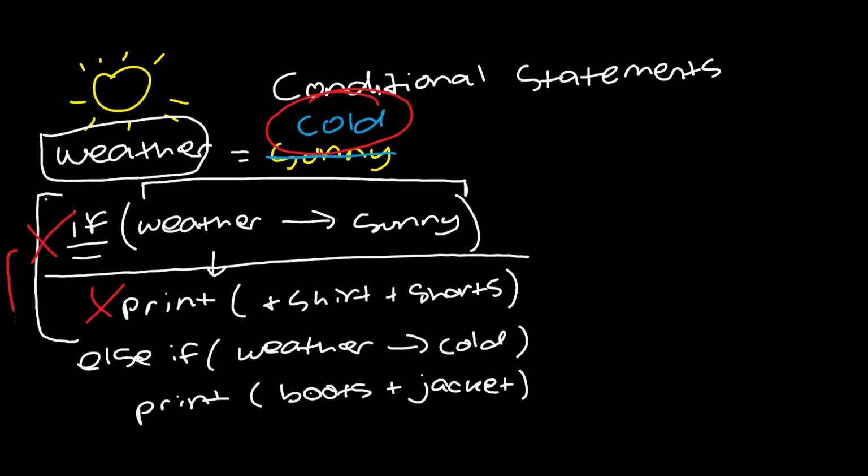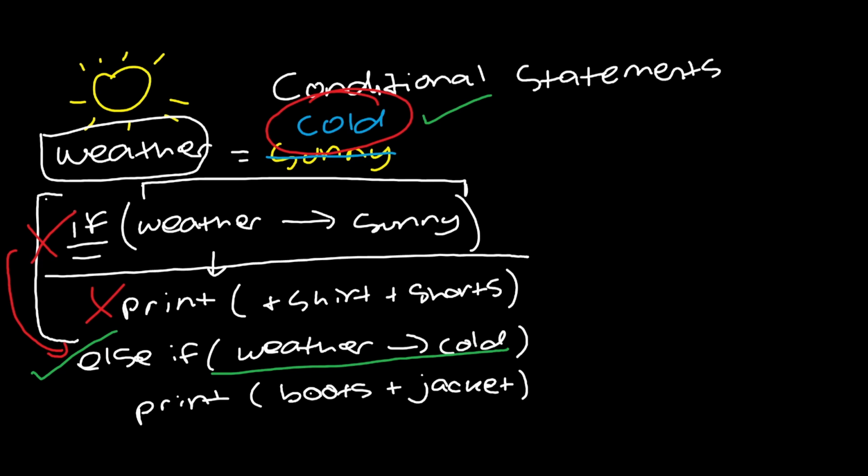So then it's going to go down here and check the else if condition. And it sees, okay, well, the weather is cold. So this condition is satisfied. So then it's going to execute the line that's within this else if condition instead of this if condition.